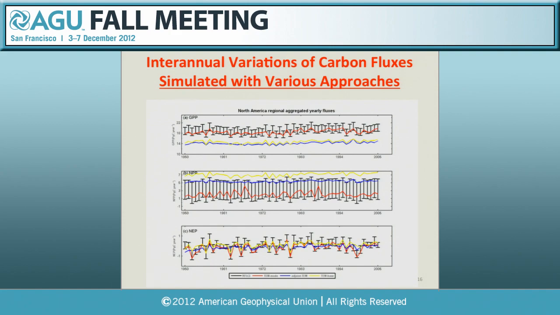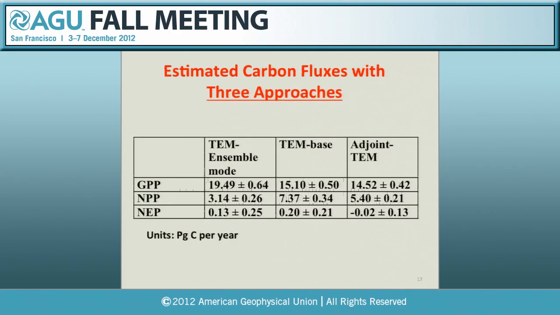You can see they are very, very different, but this table probably serves as a better comparison. GPP and NPP show differences, and more importantly, for net ecosystem production, the TEM ensemble mode gives you a source or sink, minus plus, and TEM base, which is the conventional parameterization, also gives a sink.